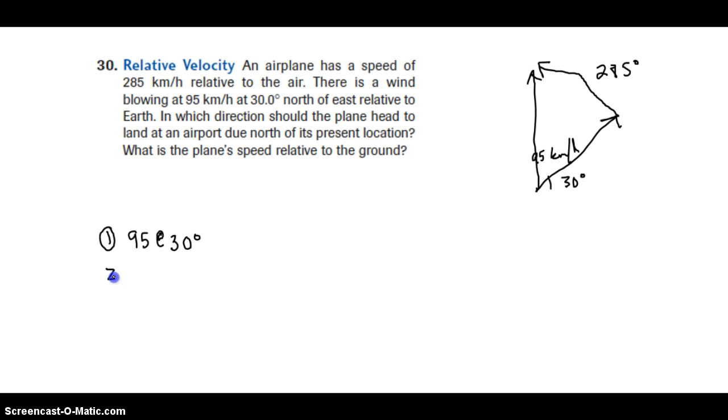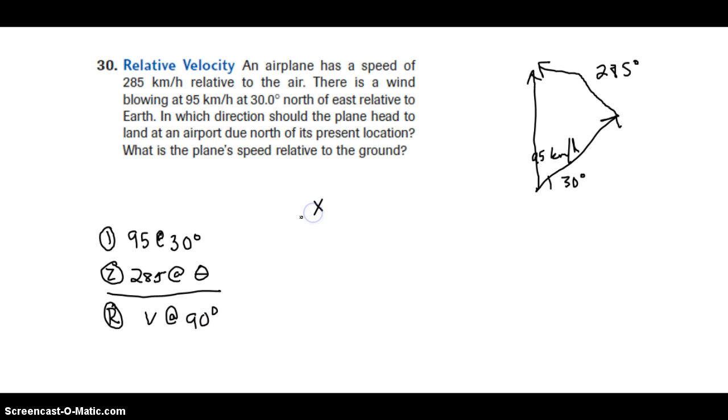We have our second vector that has a magnitude of 285 at some angle we don't know. And then we want those two to add to our resultant vector of, we don't know the magnitude, so we'll just call it V, at an angle of 90 degrees.